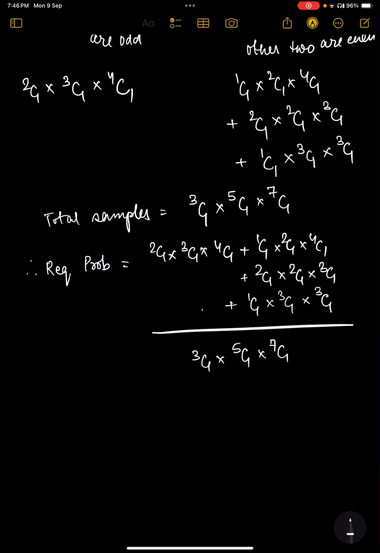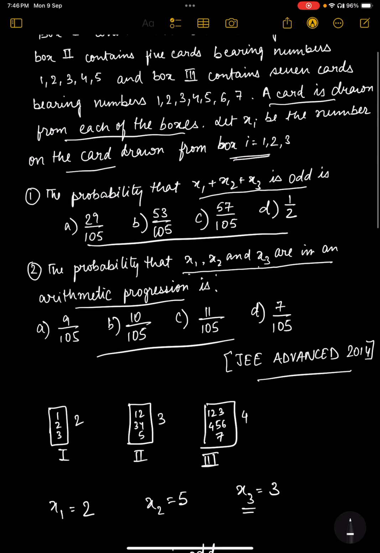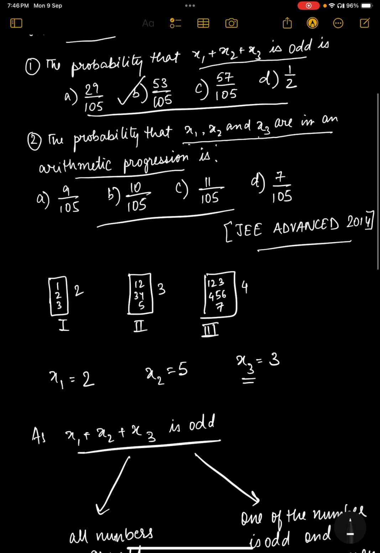Now this will take some time for you to solve, but that is the test, how fast you can solve this. Now this is 24 plus 8 plus 12 plus 9 by 105, and this ultimately gives you 53 by 105. So let us see which option is correct, and we do see that option B is correct.